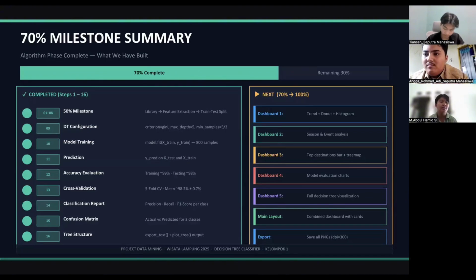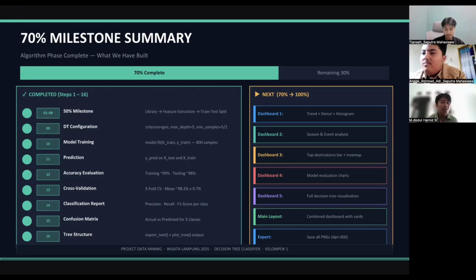The next slide. Okay, the last slide. 70% milestone summary. At the 70% milestone, we successfully completed: point 1, the section 3 configurations, point 2, model training, point 3, prediction, point 4, accuracy evaluation, point 5, cross validation, point 6, classification report, point 7, confusion matrix, and the last point, the section 3 visualizations.